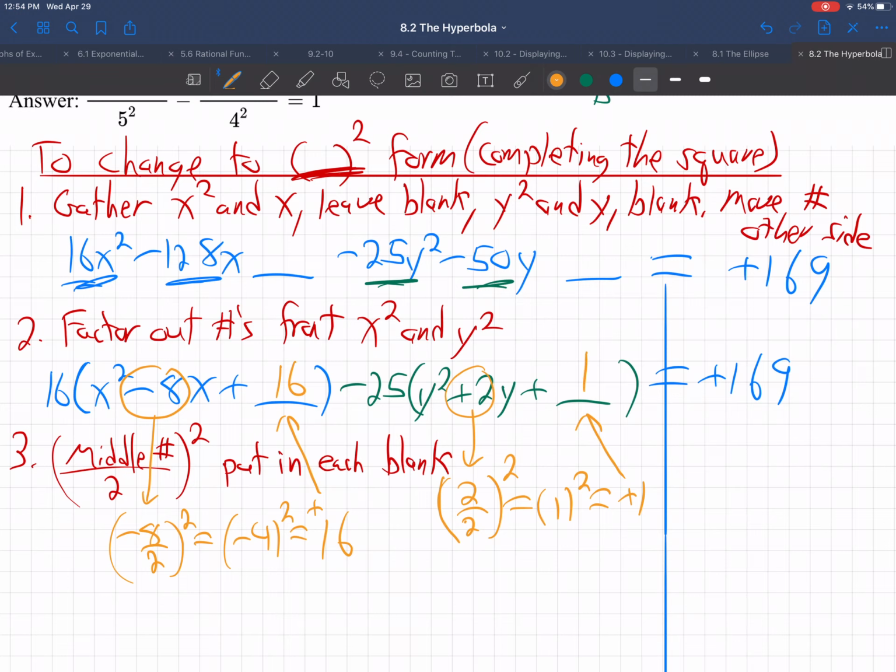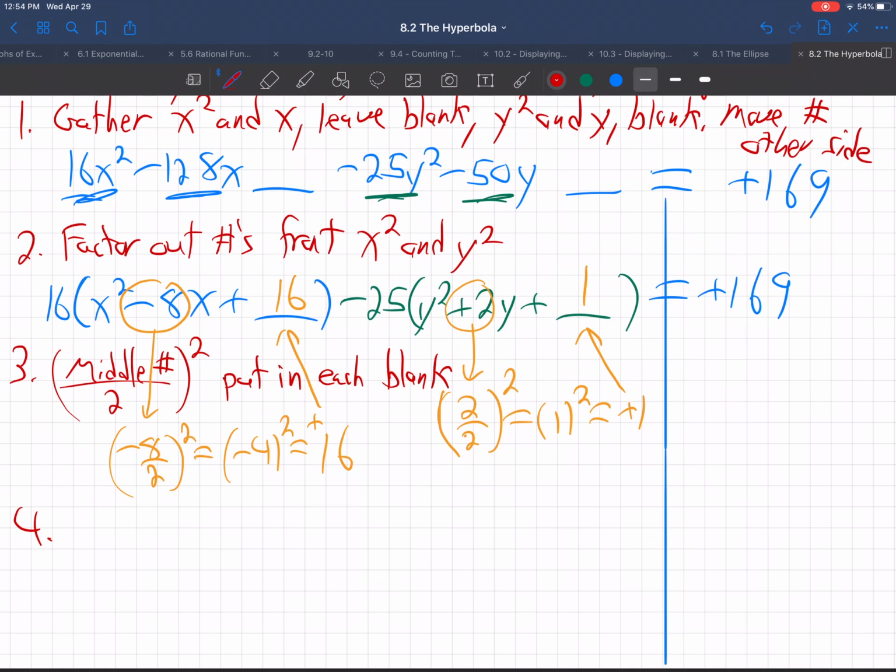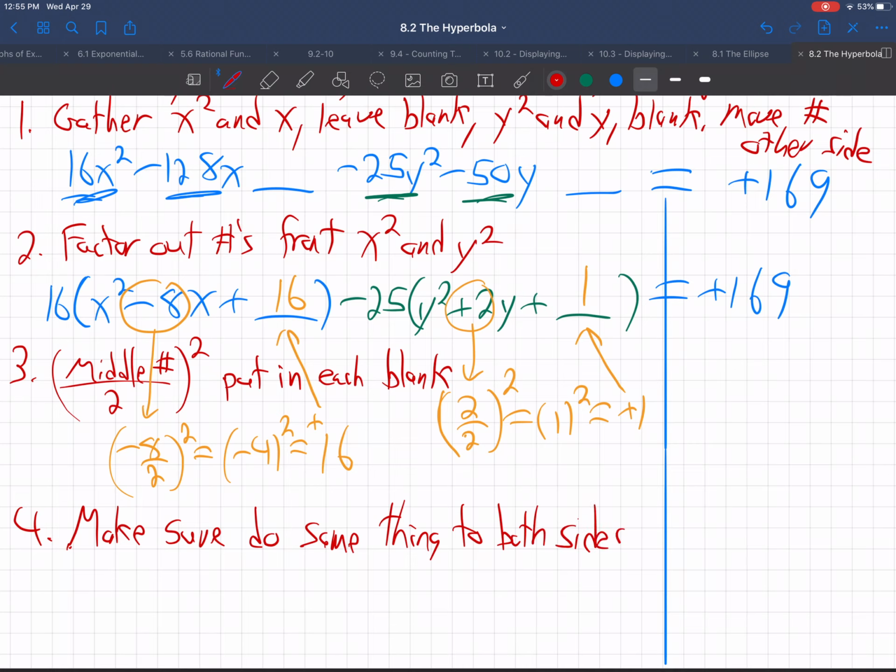Now step 4. Make sure you do the same thing to both sides.